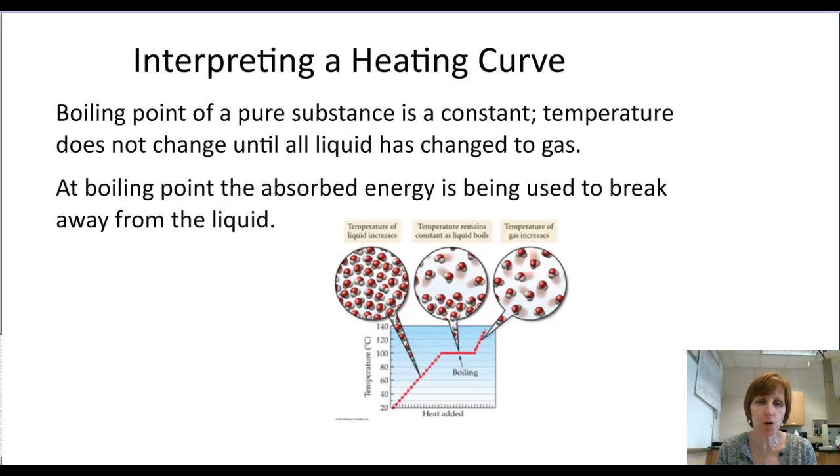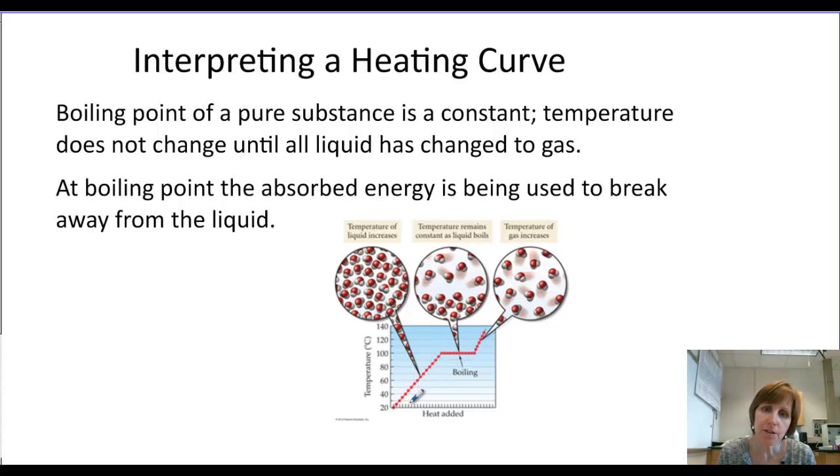Now, a heating curve demonstrates the change that a substance goes through in phases, as well as what's happening to the temperature and the energy levels. So if you look at this diagram, we start with a pure substance, and we're going to boil this substance.